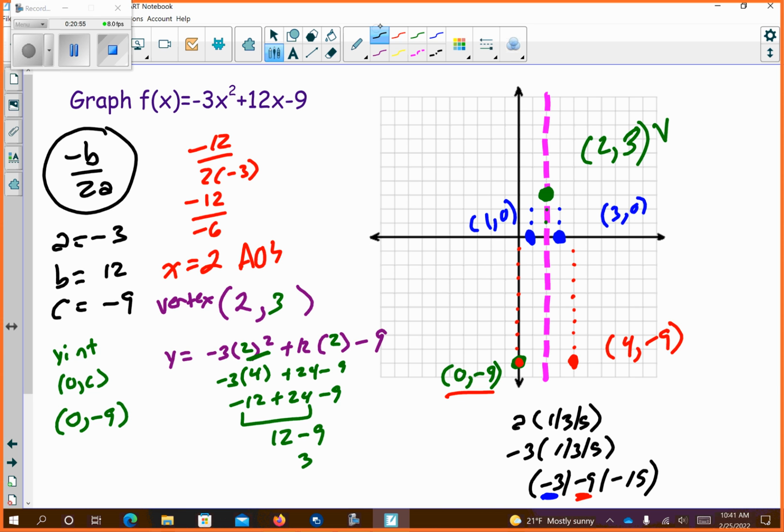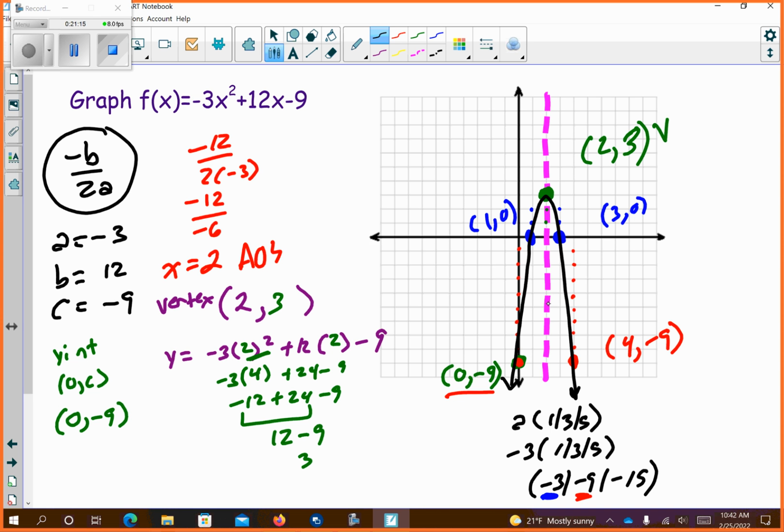Do we have enough information to get a picture here? I think so. There's our parabola. We have an awful lot of points that we've established. Okay? Not too bad. So we're focusing on this quite a bit.